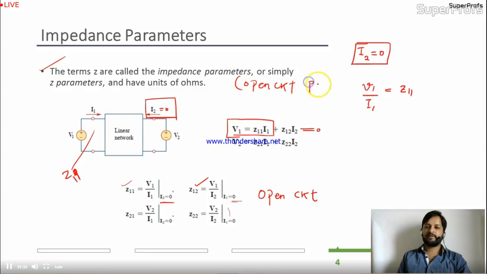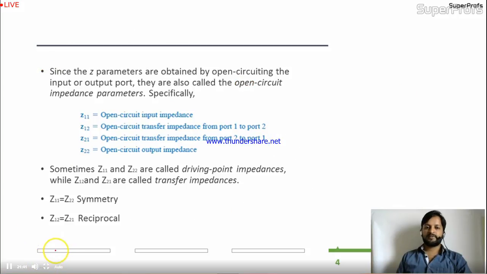Open circuit parameters. Is it clear to you? Now, come to the next one. Since the Z parameters are obtained by open circuiting the input or output port, they are also called the open circuit impedance parameters.